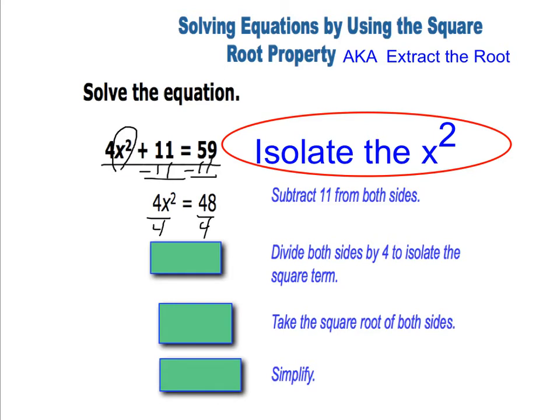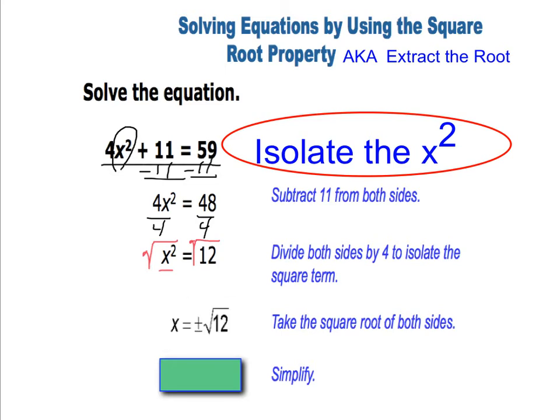In doing so, now I have x squared is equal to 12. So now look here. My x squared is isolated. At this point, I will take the square root of both sides. And in doing so, that will give me x equals the square root of 12.